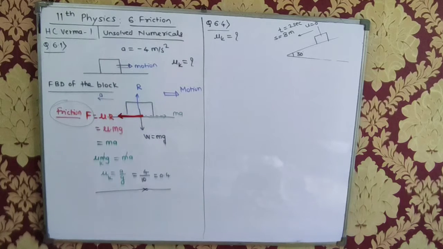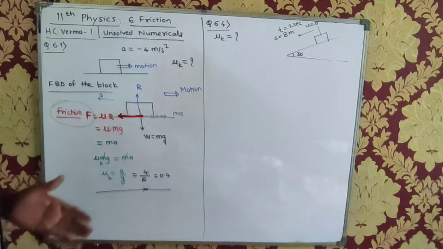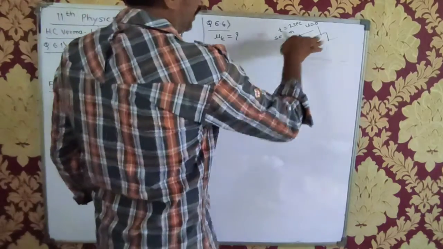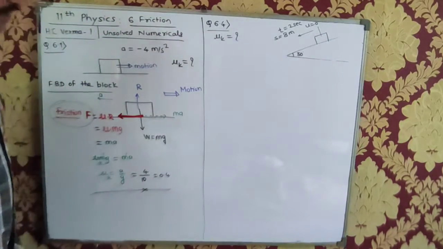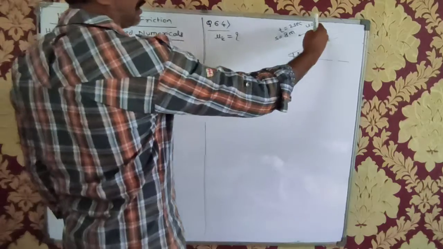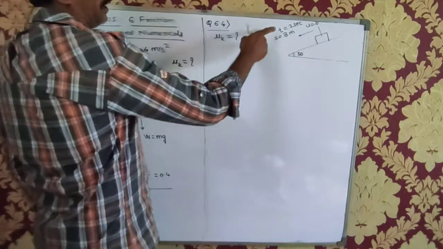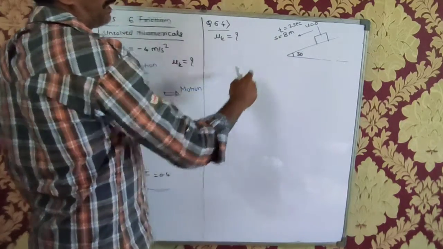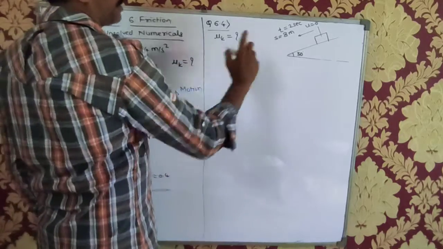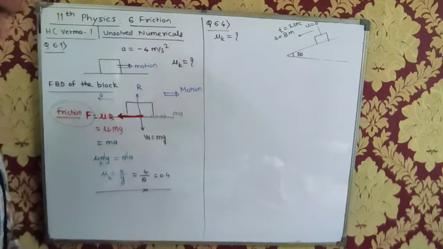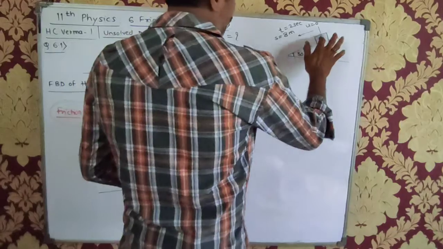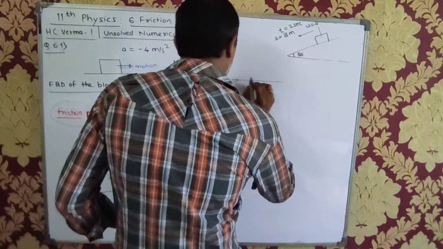Well, I'll repeat the question here. The block is on the inclined plane making an angle of 30 degrees with the horizontal. This block starts from rest and slides down this plane. In the first 2 seconds, it covers 8 meters. We have to find out the coefficient of kinetic friction. Well, first of all I'll draw the free body diagram of this block on the inclined plane.